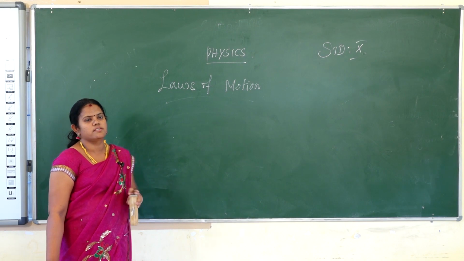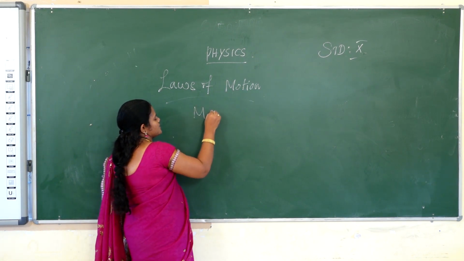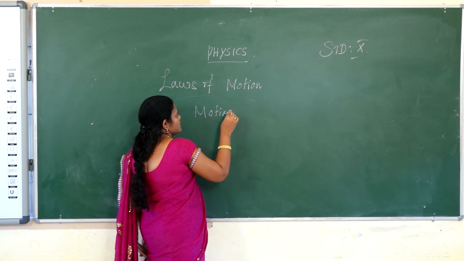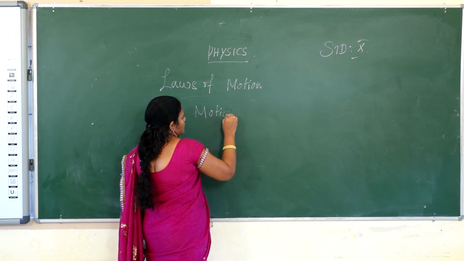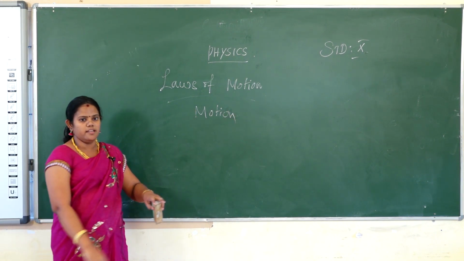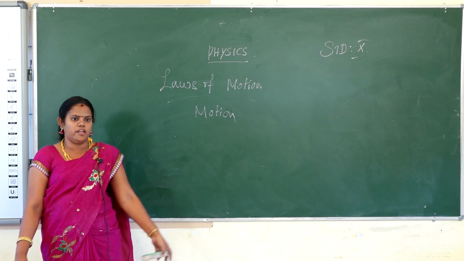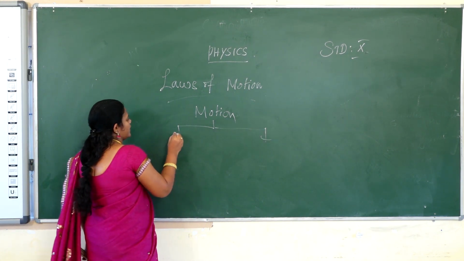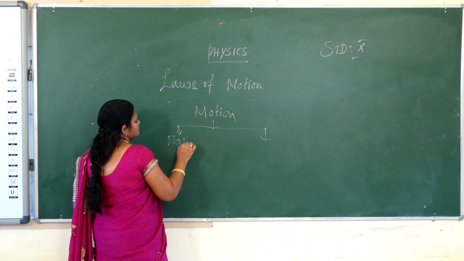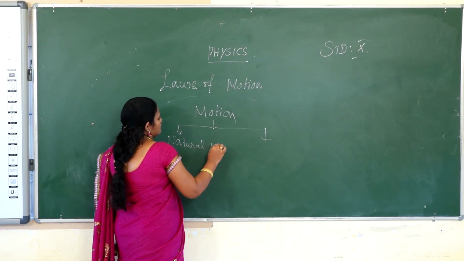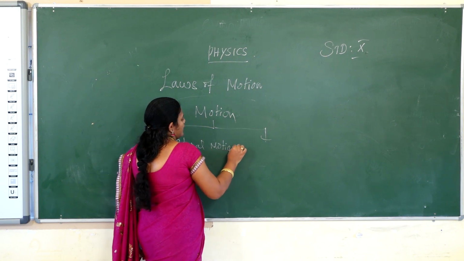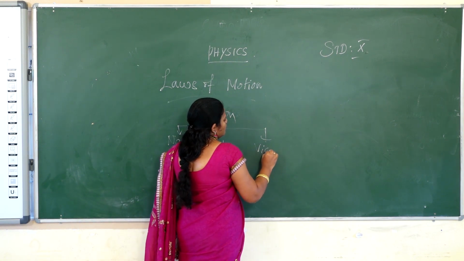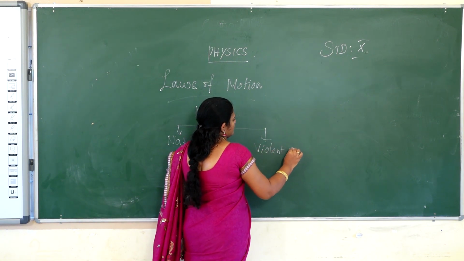Different types of motions. Motion is classified into two. What is the meaning of motion? Force applied to a body so that it moves, that is motion. Motion is classified into two, natural motion and violent motion.